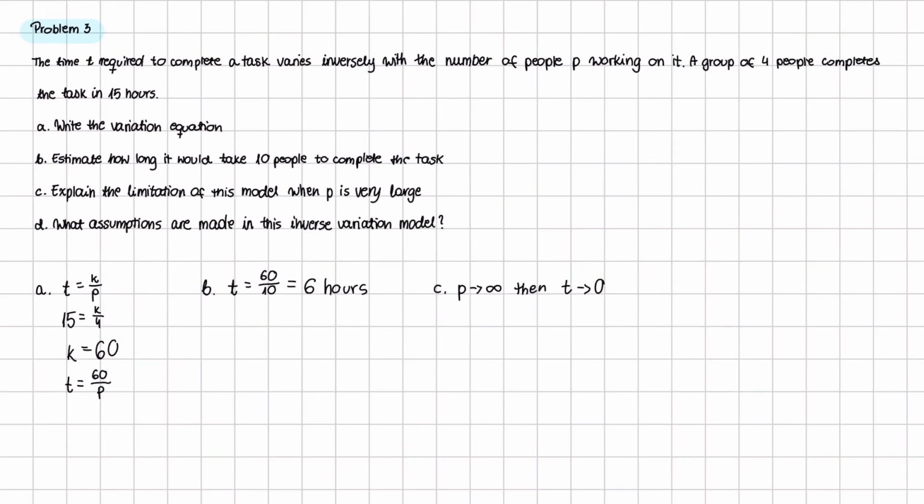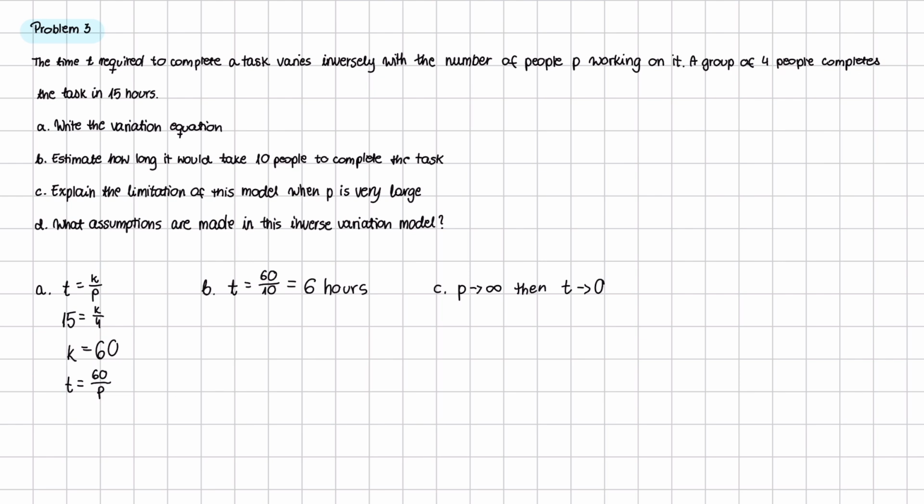And we have to explain the limitation of this model when our P is very, very large. So in real life, more people doesn't really mean that they will be faster forever, because we have to include communication, space, and so on.